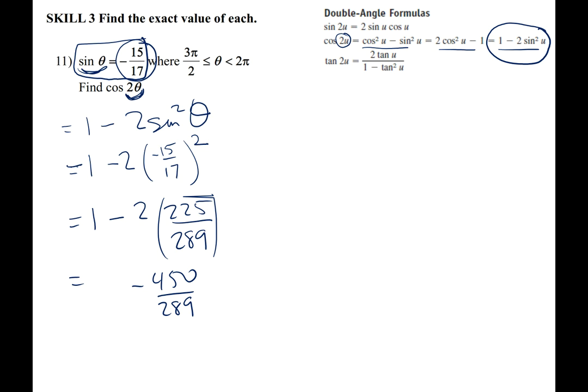I am going to make that 289 over 289. And these numbers are insane and weird, so they probably won't be quite this ugly tomorrow. And then we're going to subtract that, 289 minus 450, and you get negative 161 over 289.